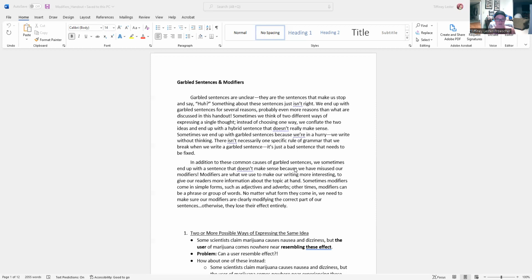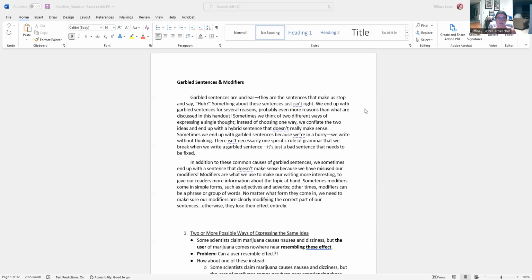Otherwise, it can get confusing. It might even result in misunderstanding. So we're going to take a look at how we can end up with garbled sentences and how we can run into issues with our modifiers, especially pronouns and modifying phrases.